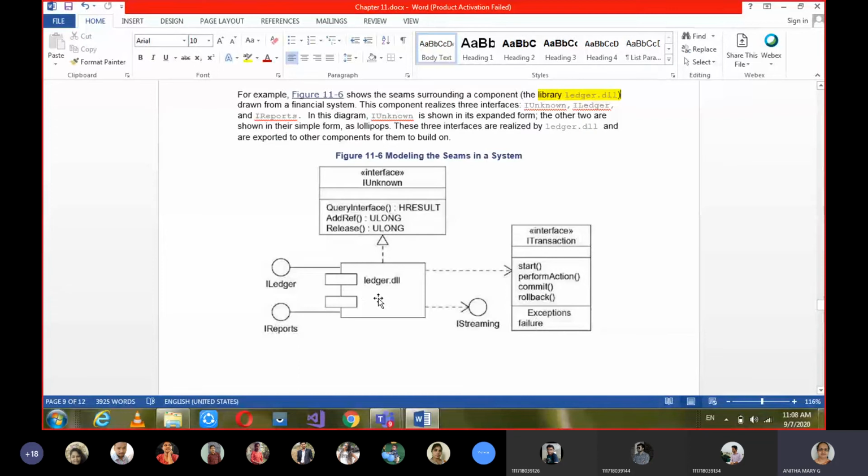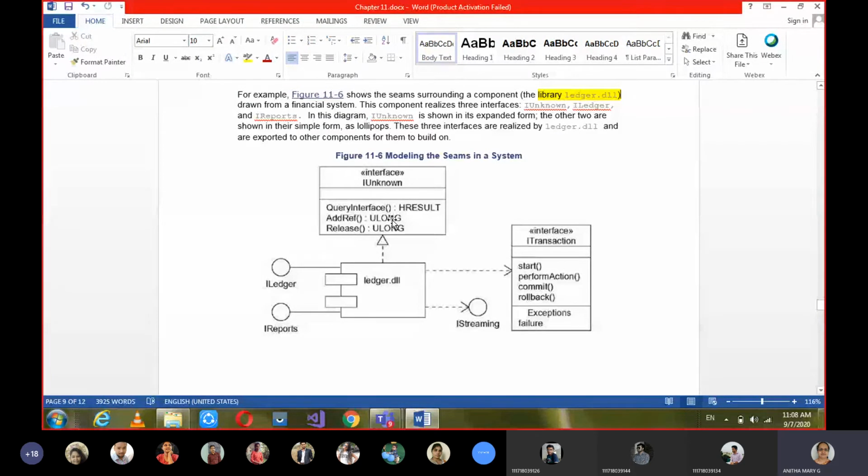And this ledger.dll is also realized through, if you see the symbol here, realization. So this is also realized through an unknown interface. Starting with I means interface, IUnknown interface, where these are all the operations given by it. And if you see operation colon HRESULT, ULONG, those are the signatures of what exactly these services are going to return when they are implemented.